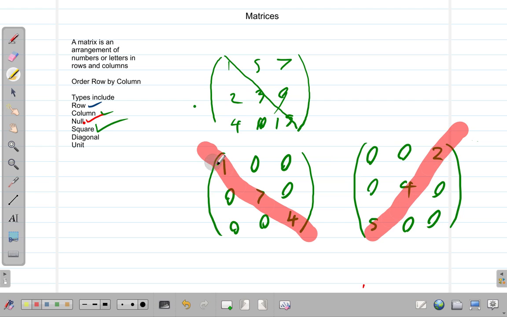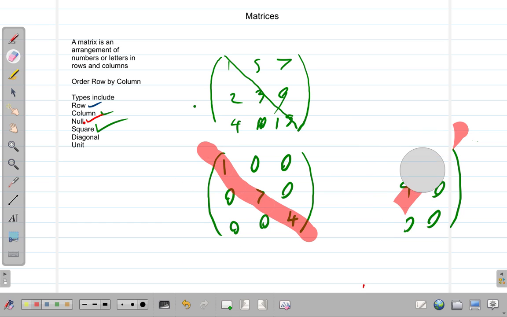The leading diagonal is this one. This is not a diagonal matrix. This is a diagonal matrix. The elements in the leading diagonal are not 0, but all other elements are 0. So that is the diagonal matrix.